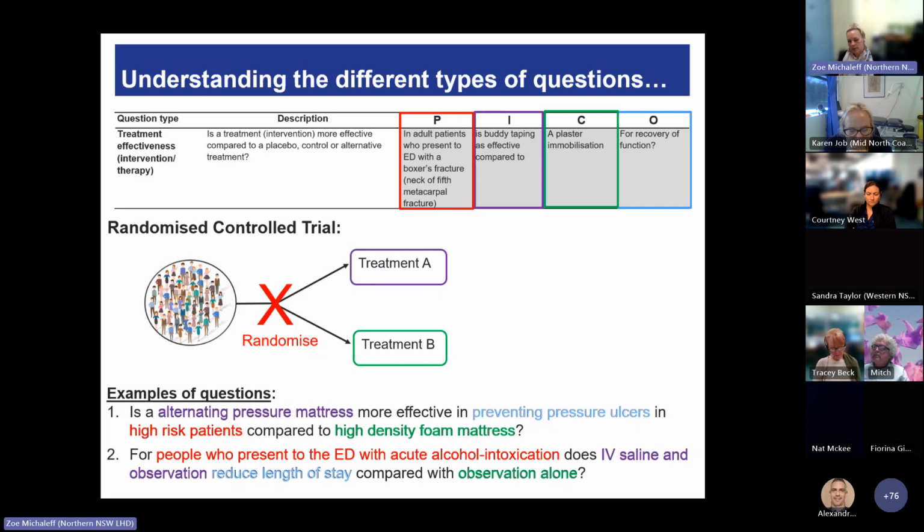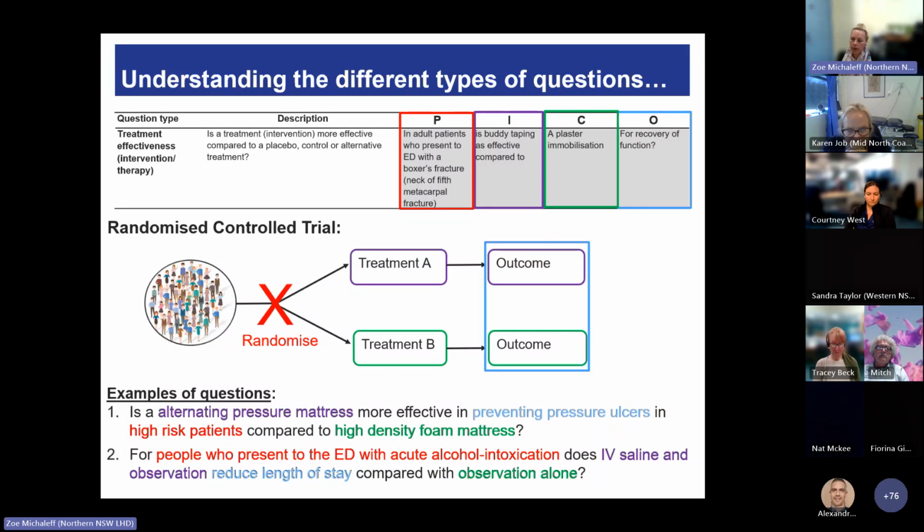Once people receive the treatment they've been allocated to, you follow them up over time. And because these 2 groups are equal on all factors, any difference in the outcome is likely the result of the treatment that they received. So this is the best study design to answer the question, is one treatment better than the other?